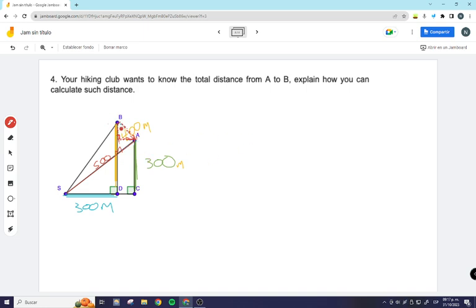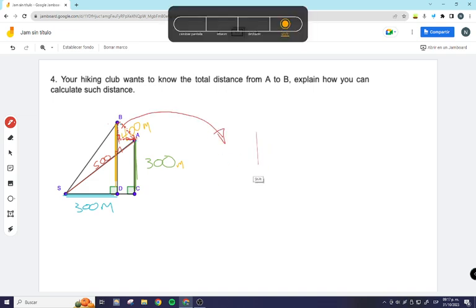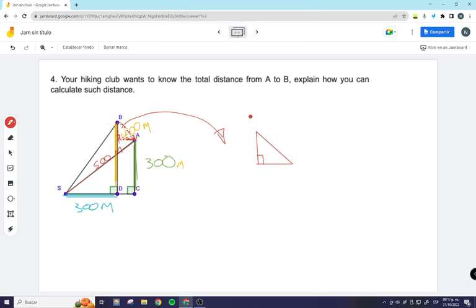So actually, let me draw it properly apart. I am going to make it a little bigger. Okay, so this is going to be B, this is going to be A, but how can we do it? Because if we can apply the Pythagorean theorem, we can find this hypotenuse. Okay, do we know this distance?